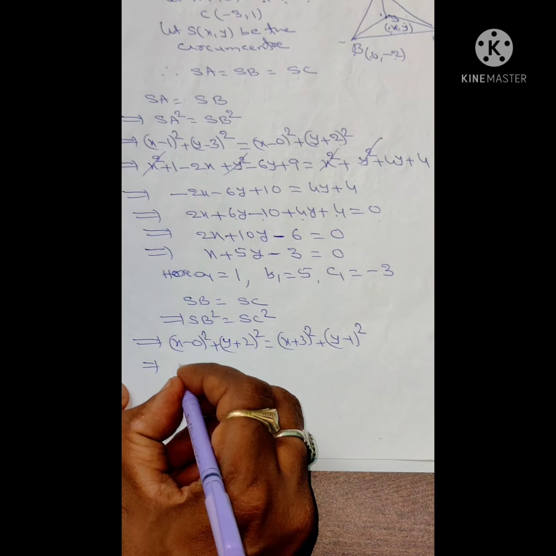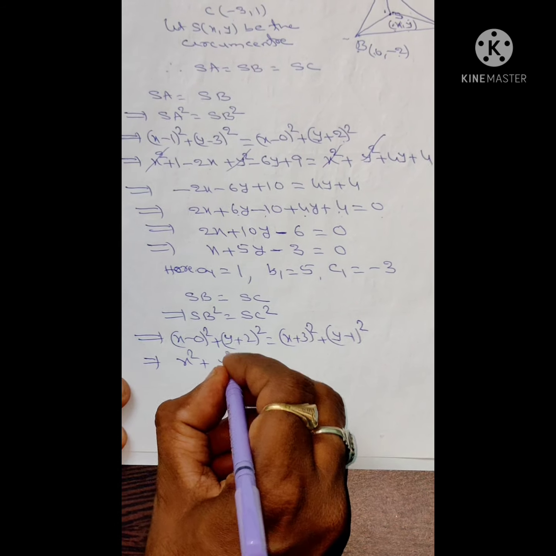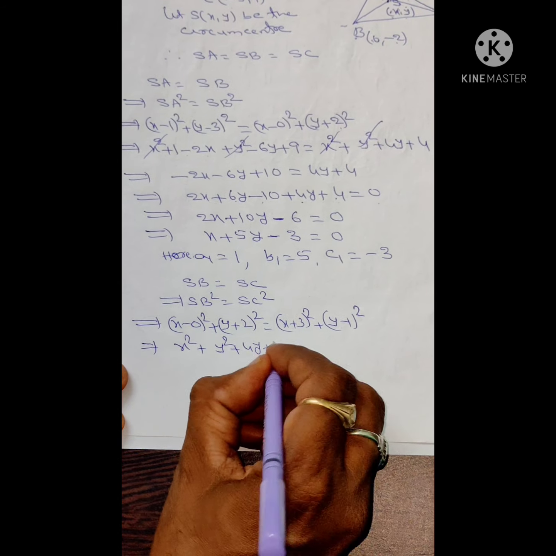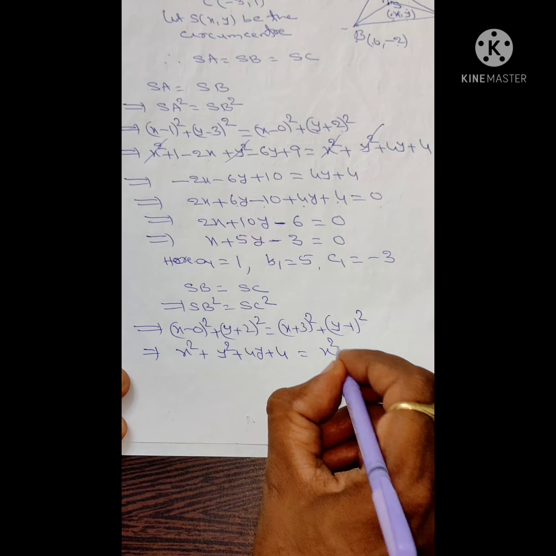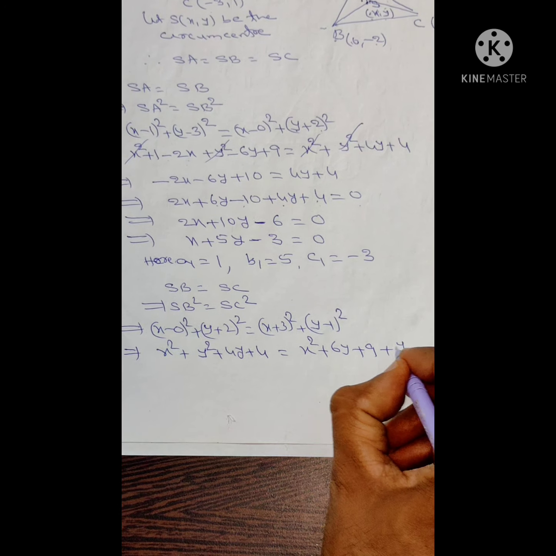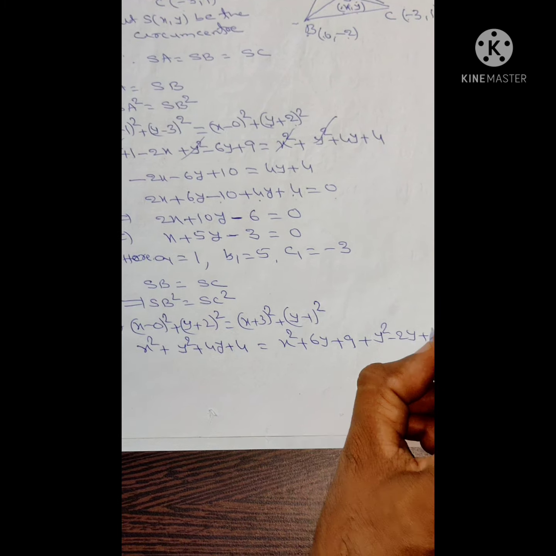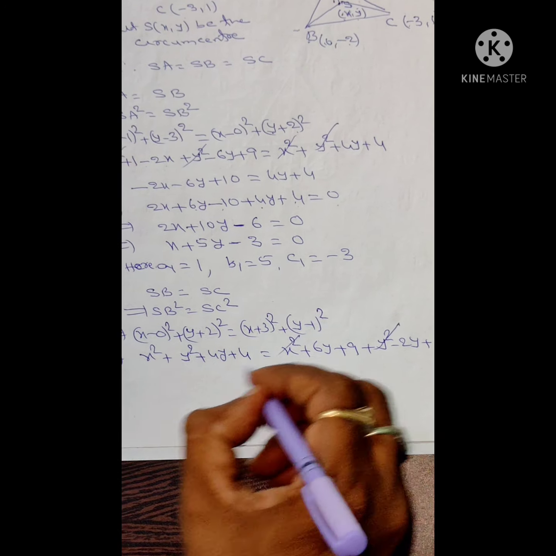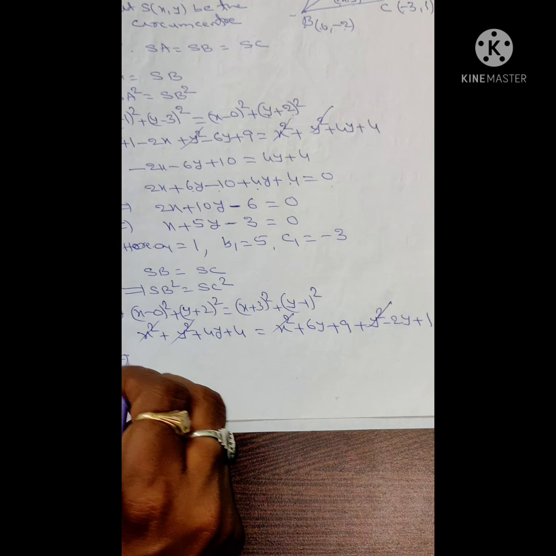Now expanding: x square plus y square plus 4y plus 4 equals x square plus 6x plus 9 plus y square minus 2y plus 1. The x square and y square get cancelled.